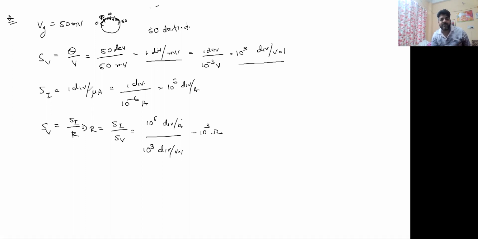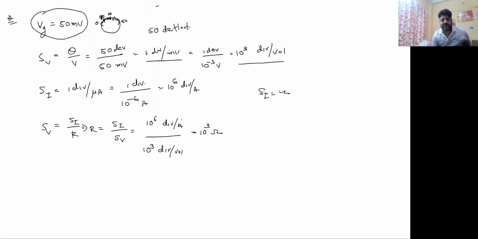So if you get 1 division for this much, you can get it for the full division also, that is, for 50 divisions, how much volt you have. Is it clear, everyone? Yes, sir. I am saying this much is for 50 divisions. Similarly, you have 1 division, so you can find out the full deflection.